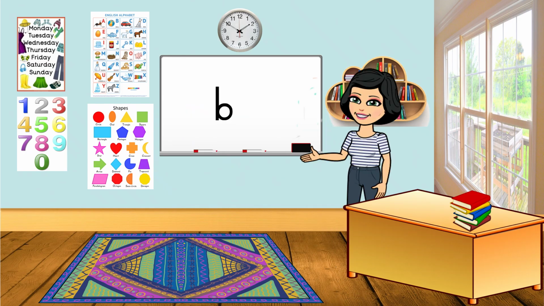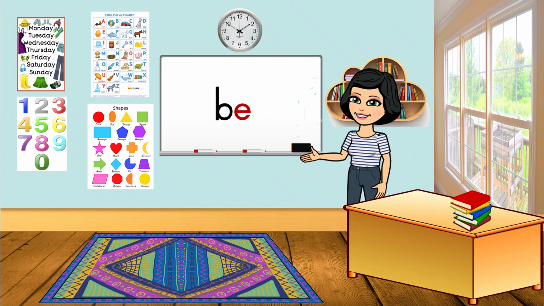We are now going to change the sound. I want you to take away the letter A and find the letter E, and put it in front of the B. B plus E says be.